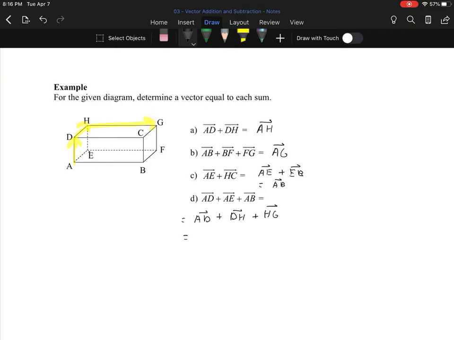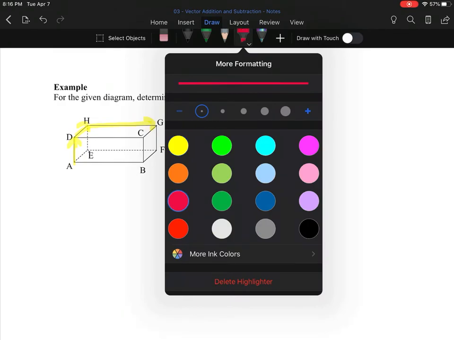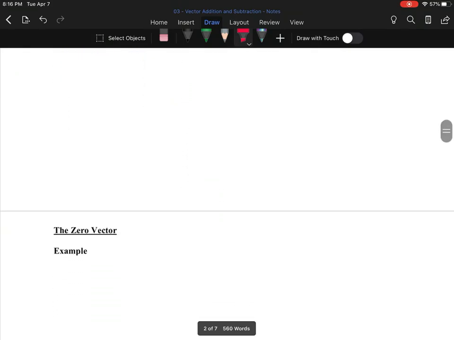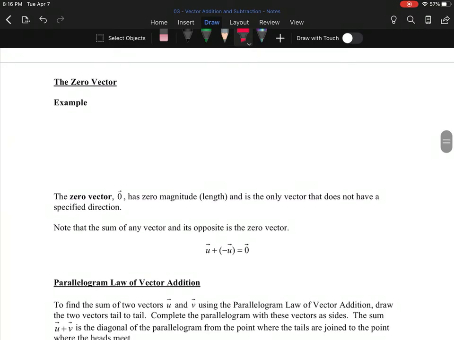But instead of using AB in the picture, I'll use HG. And you see when you do that, the answer becomes obvious with the algebraic version of this. You can see A to D to D to H to G. You go AG, but you can see it in the picture. I've drawn it as I've gone here. Okay, so keep that in mind. You can always replace a vector with another vector that's equal to it.